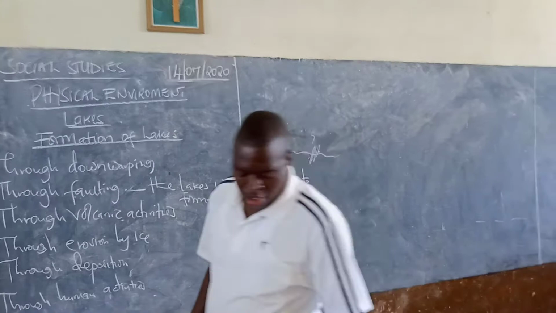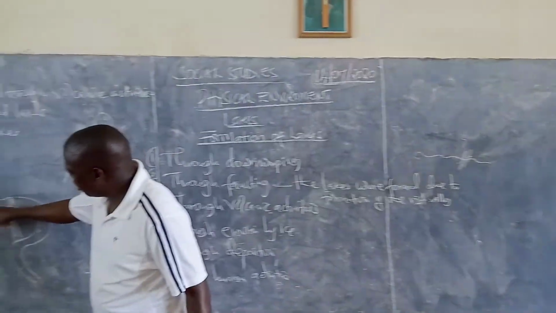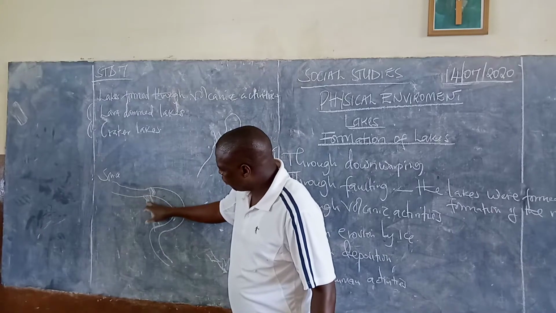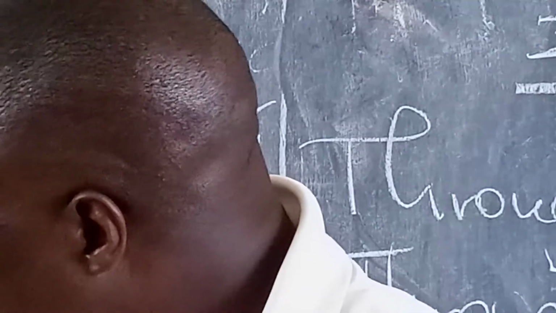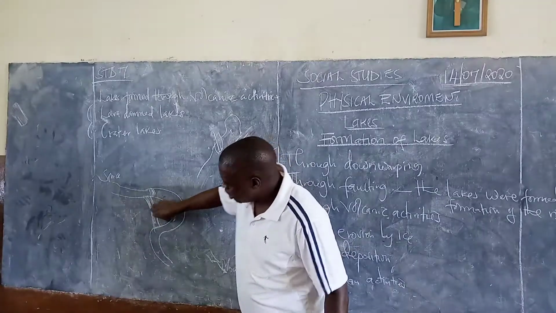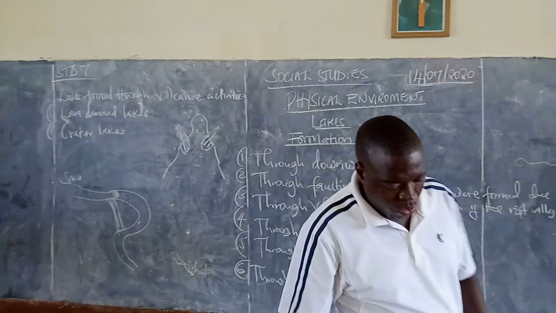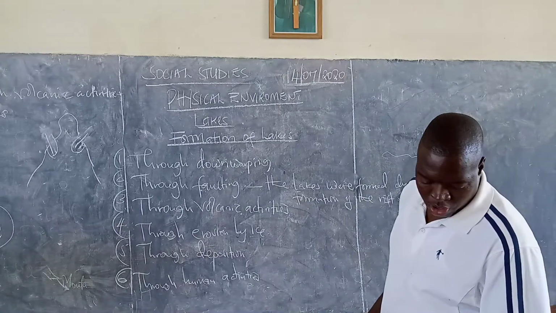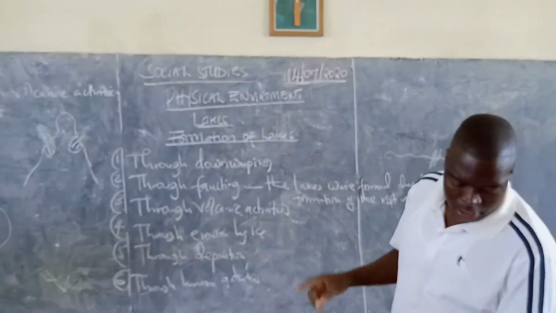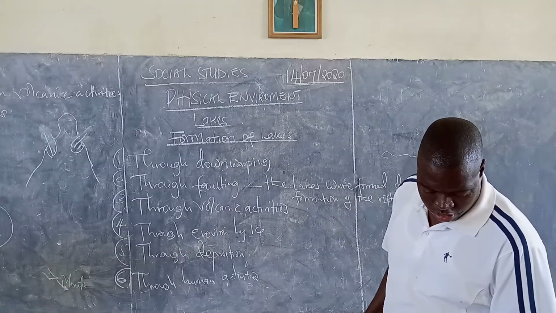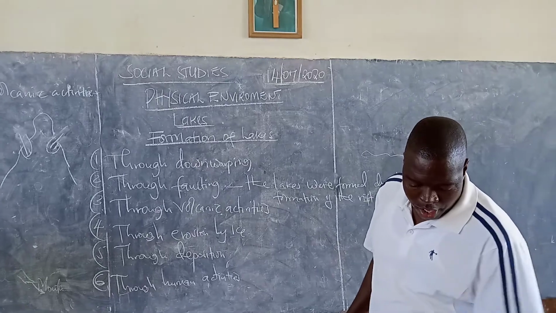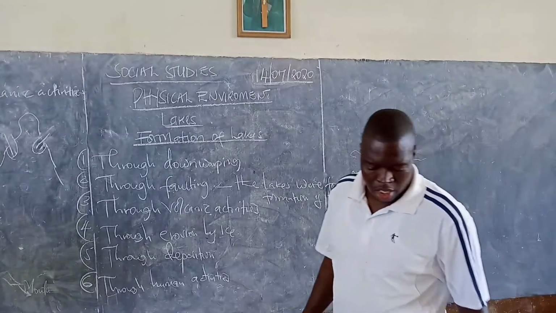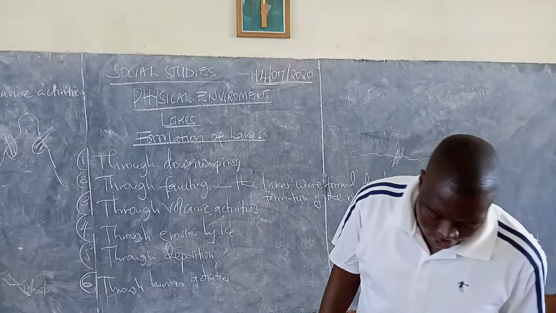There is this river where water is flowing, and again there is also water flowing on that channel. So what has been created, we refer to as an oxbow lake.